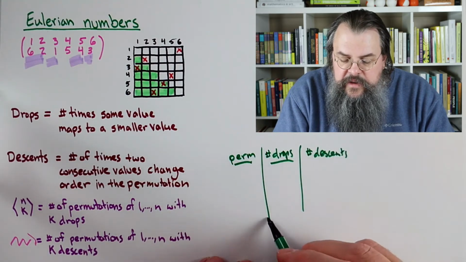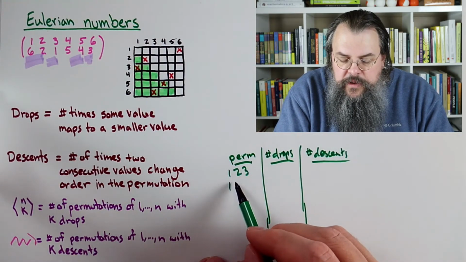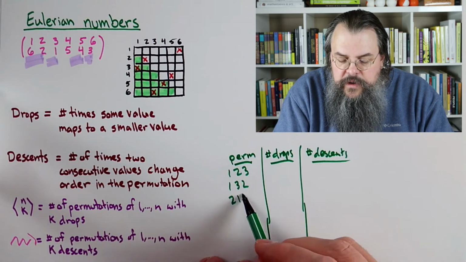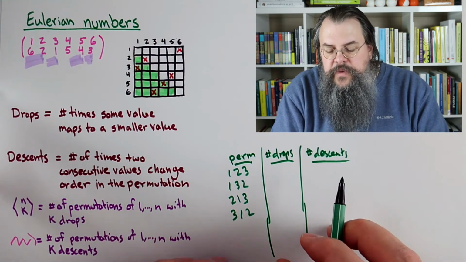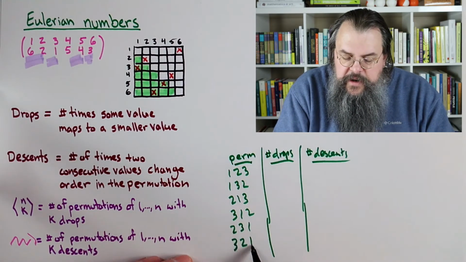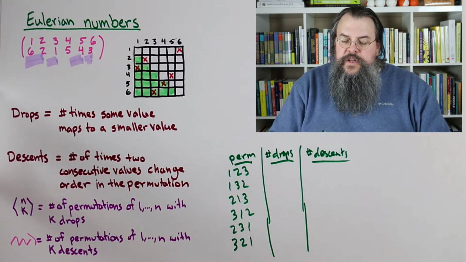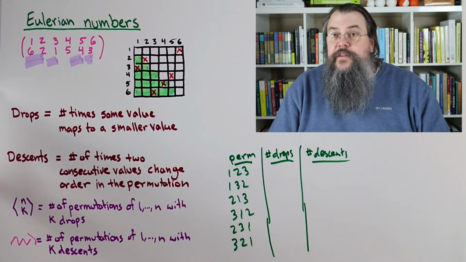All right, let's do all our permutations. 1, 2, 3, 1, 3, 2, 2, 1, 3, 3, 1, 2. Whoops, I kind of lost my rhythm there. All right, 3, 2, 1.